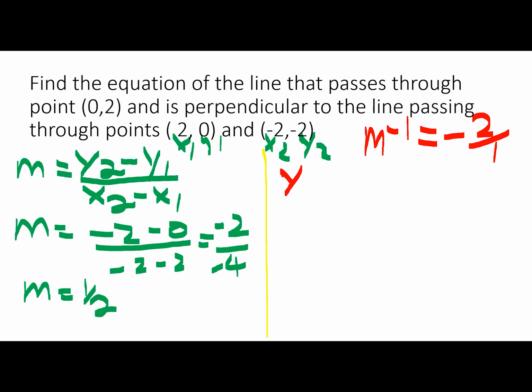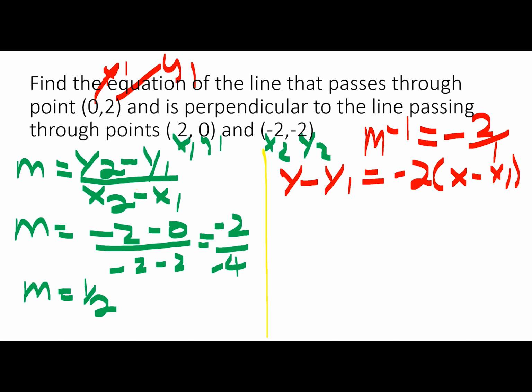Now write our point slope formula and plug in our slope. For our case here, this is our x1, y1 that we are going to use in the point slope formula.